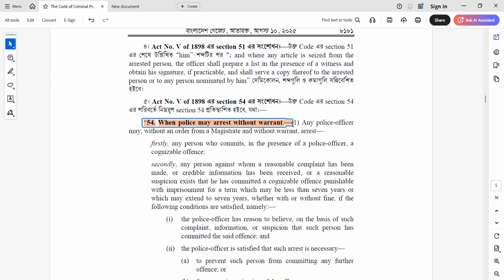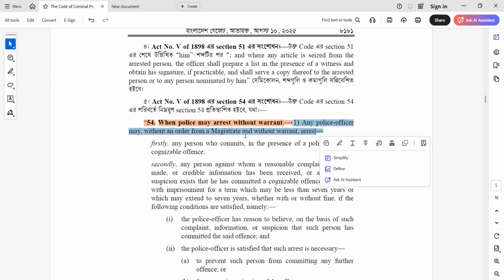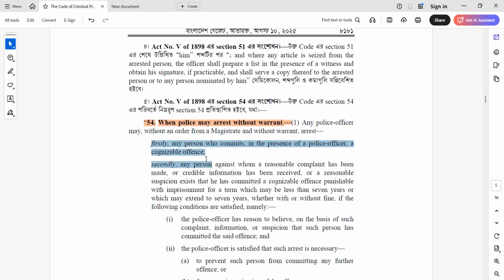Subsection 1: any police officer may, without an order from a magistrate and without warrant, arrest, firstly, any person who commits in the presence of a police officer a cognizable offense.